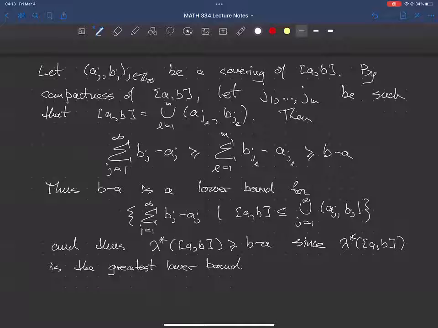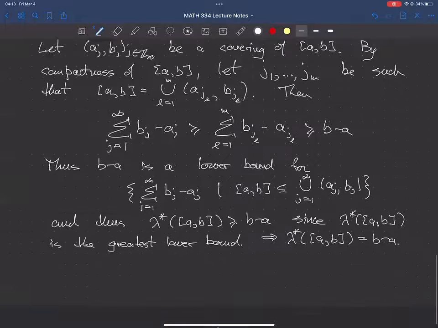And so we've shown then that for a compact interval, its Lebesgue outer measure is its length. Right, so that's kind of the hard case. The rest of them are easier.